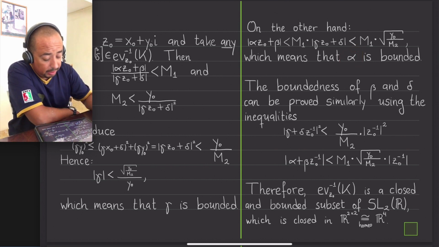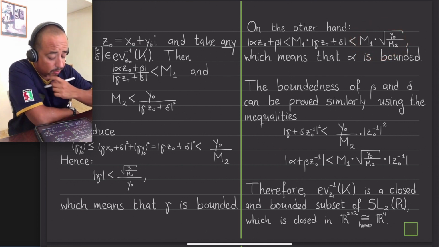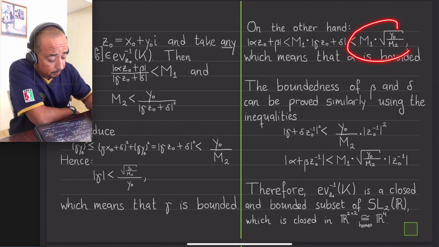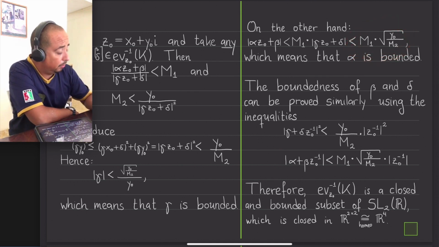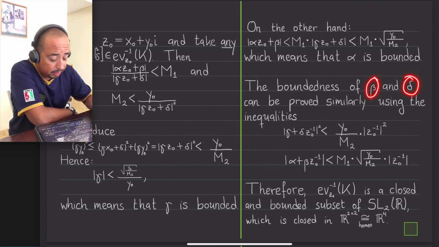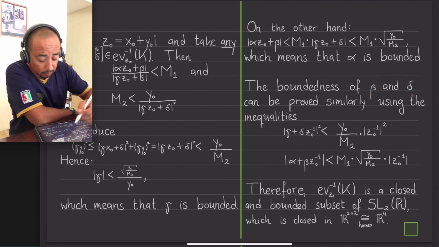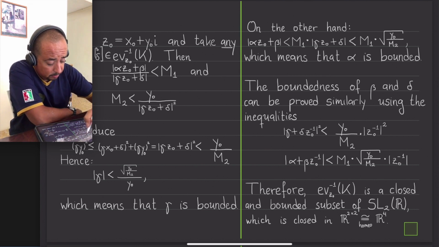Okay, why? Because what we find is a constant. Well, it's a little modification of this one, right? One has to divide by y naught, but that doesn't depend on any of the entries alpha, beta, gamma, delta at all. So alpha is bounded. And now for beta and delta, the story is very similar, because now we take, you see we have, where is it?